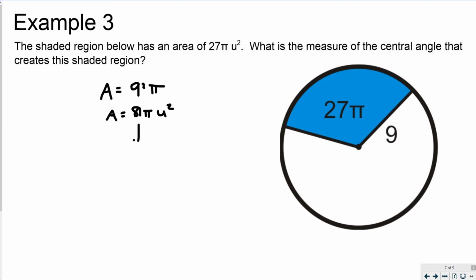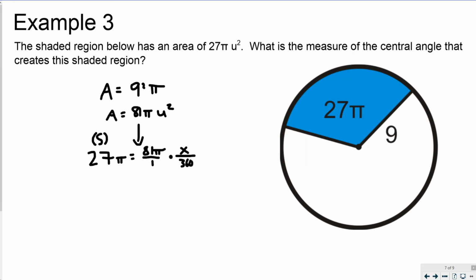So I'm going to substitute that in my sector area formula. The sector area here is actually known to be 27 pi. Okay, we know this. Sector area S is equal to 81 pi over 1 times x degrees, because we don't know how many degrees, divided by 360.